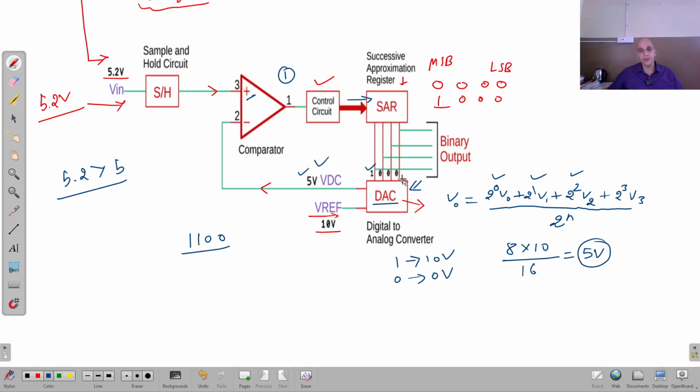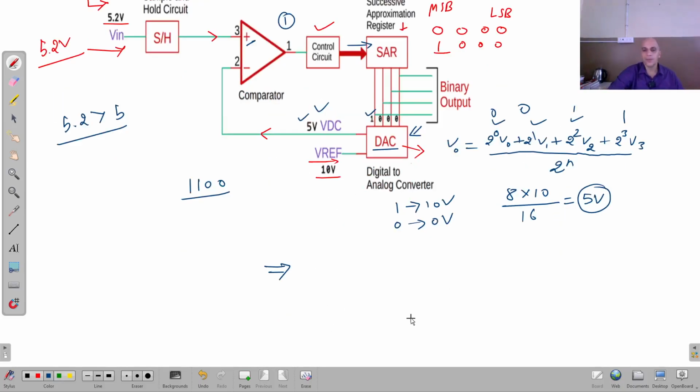Now when 1 1 0 0 appears at this point, you can see what the corresponding value is. You can find the value, right? It was 4 times 2 raised to power 2, that is 4 into 10 plus 8 into 10, divided by 16.